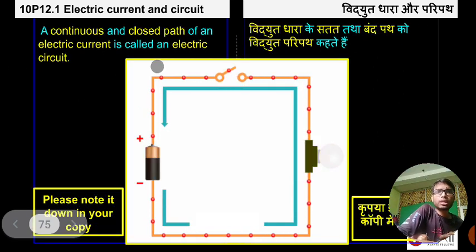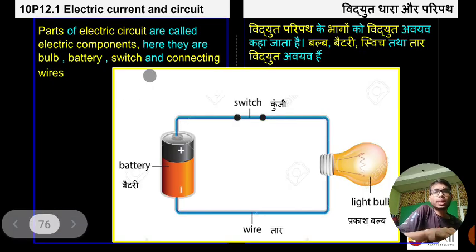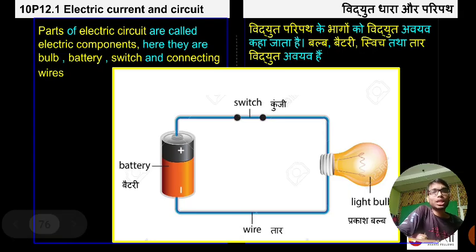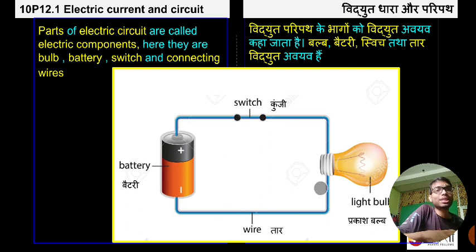A continuous and closed path of an electric current is called an electric circuit. These are the parts of an electric circuit. There's a switch, there's a light bulb, there's wire. All these are parts that were used to make this circuit.